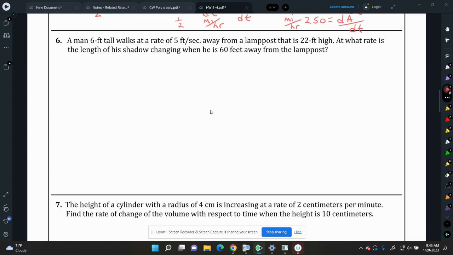Okay, so let's see. Here's my lamppost, right? So we've got a man that's walking away from the lamppost like that. The lamppost is 22 feet high, right?